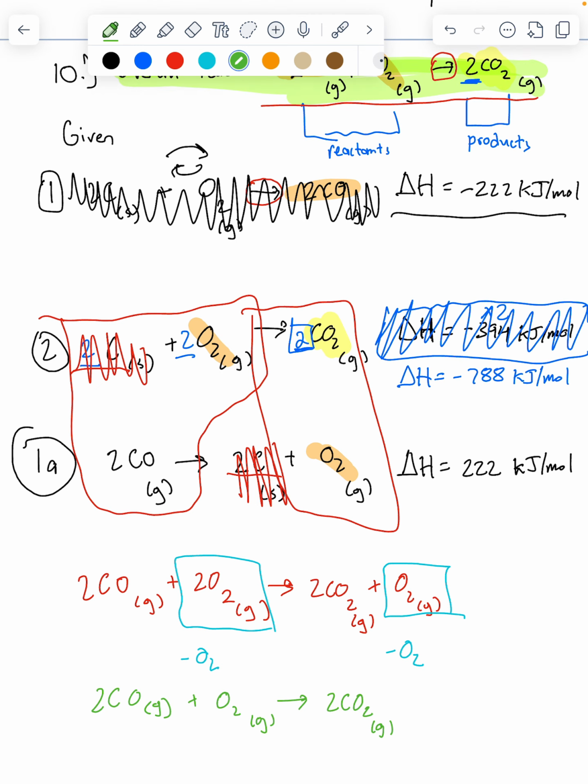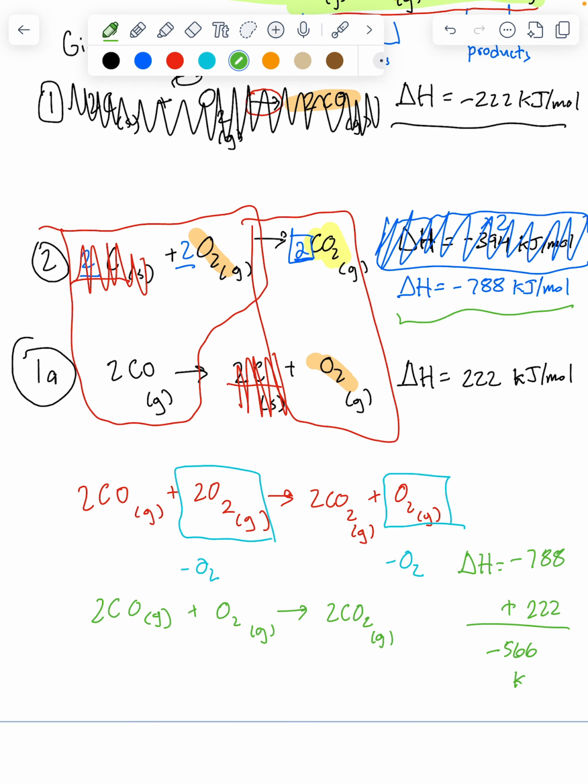Our final thing we have to do for this problem is our change in enthalpy. So we've got negative 788 from here plus 222. When we add those up, you get negative 566 kilojoules per mole.